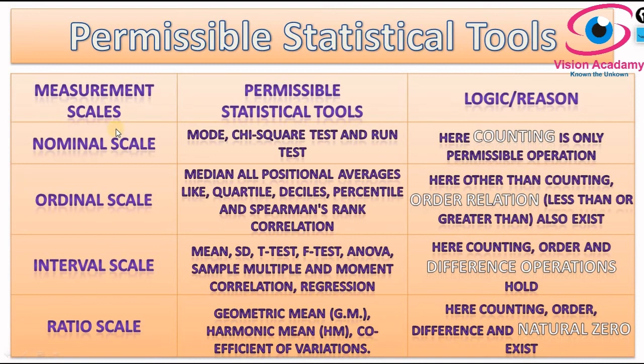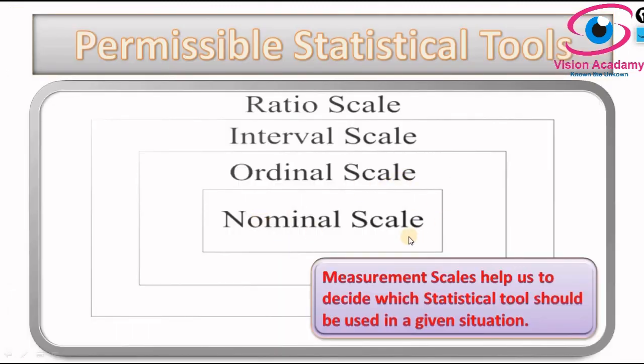You can see the last slide relating to that. Here I have listed the nominal scale in a very small box, because in nominal scale only simplex statistical tools are permissible, and ordinal scale is greater than nominal scale. In the sense, the tools applicable in nominal scale will also be automatically applicable in ordinal scale, and interval scale is greater than ordinal scale.